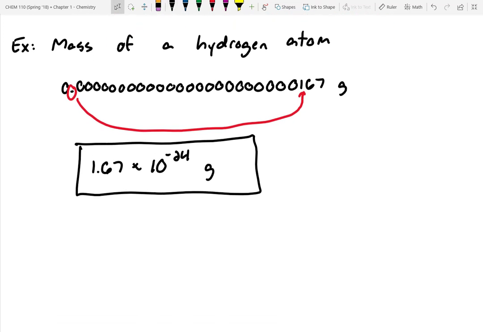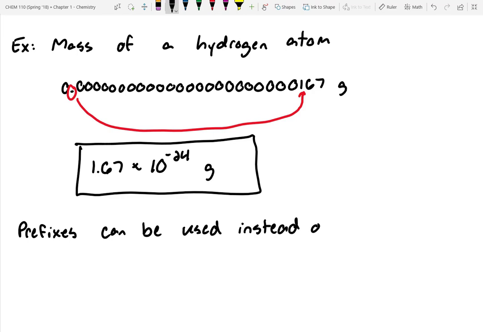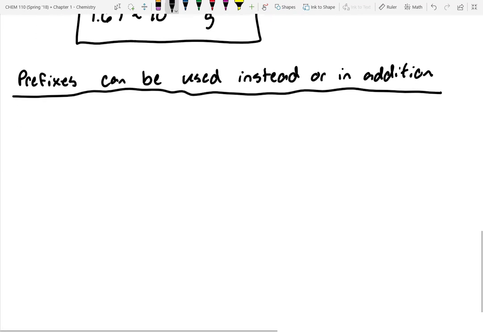So let's take a look at some prefixes that can be used in addition to scientific notation. So they can be used instead or in addition to scientific notation.